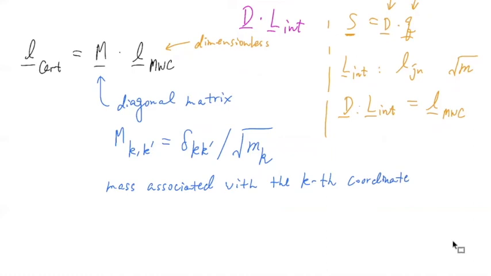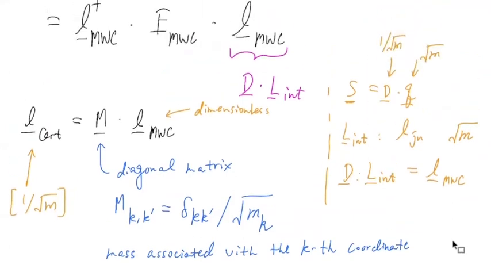Therefore, this L Cartesian matrix has matrix elements with the unit of 1 over square root mass.